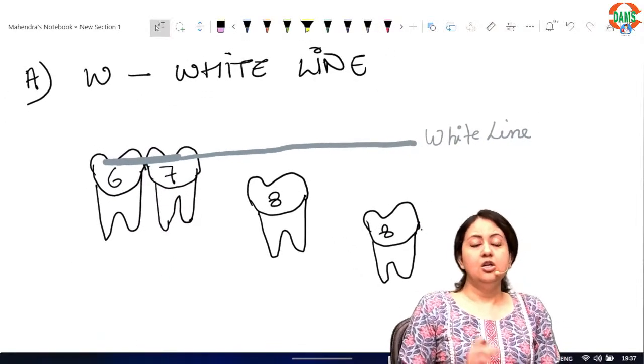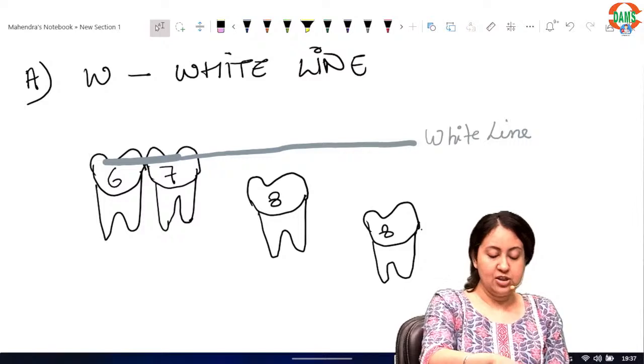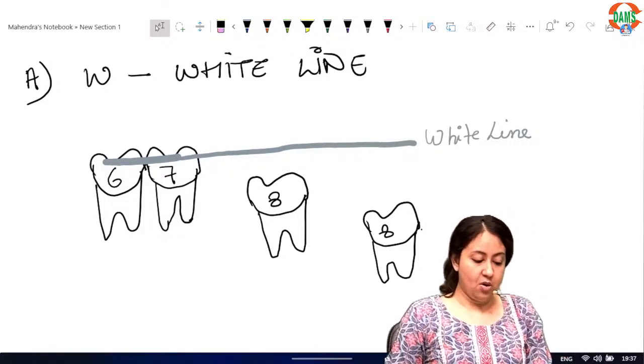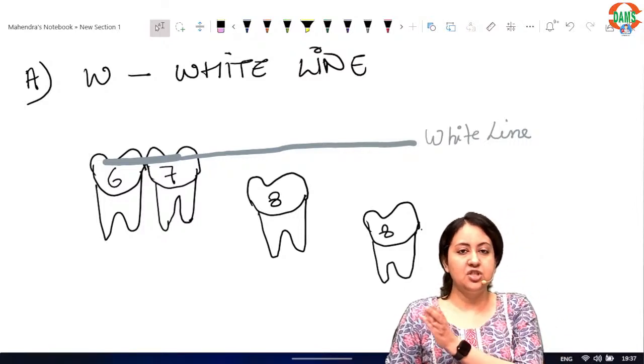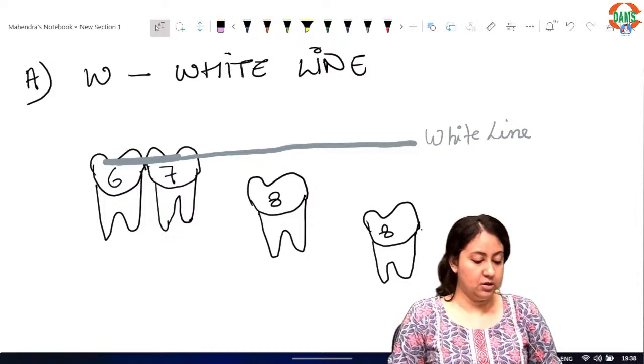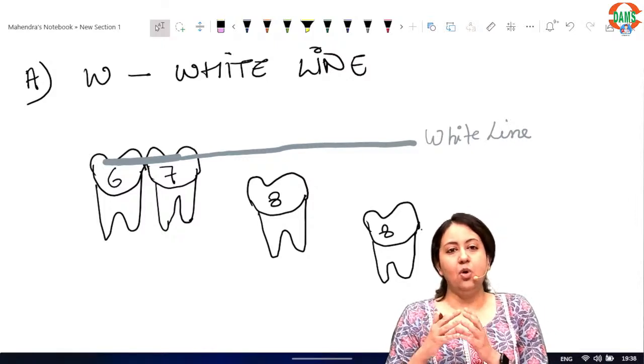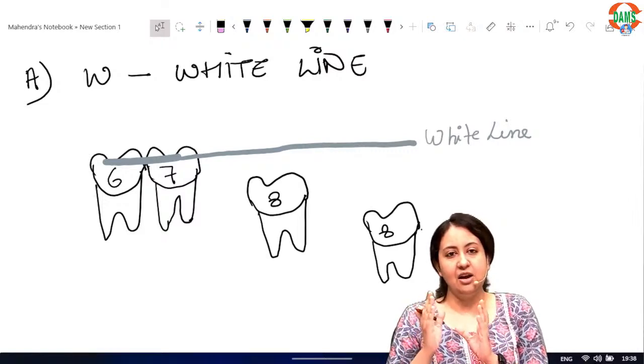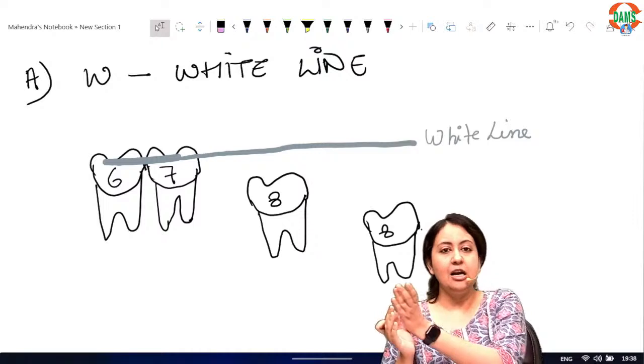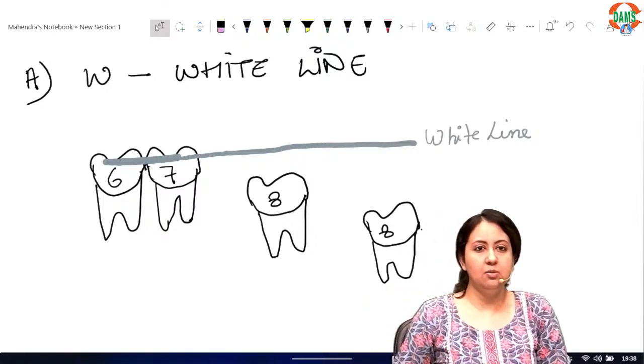This line is formed by joining the occlusal surface of molars, that is your second and first molars, and extending it posteriorly over the third molar.